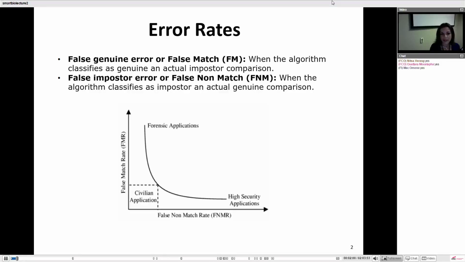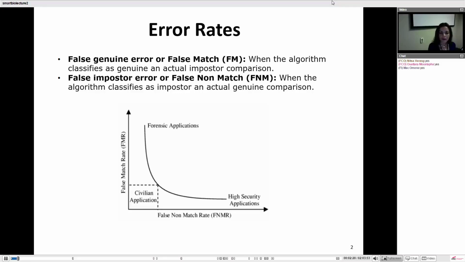So this is an error, the first error, a dangerous one. And then we can also have a false non-match. As we saw yesterday, we have a genuine user who is rejected by the system wrongly, even if he is authorized.